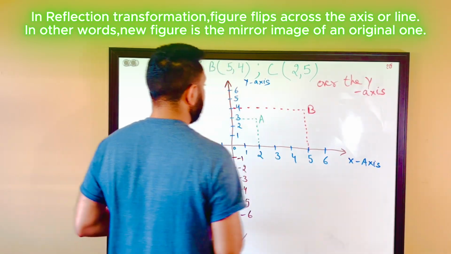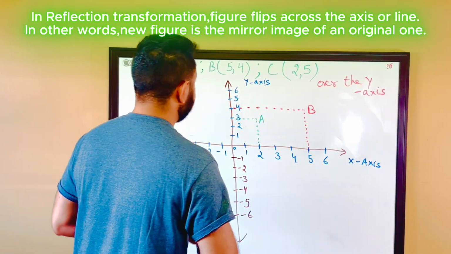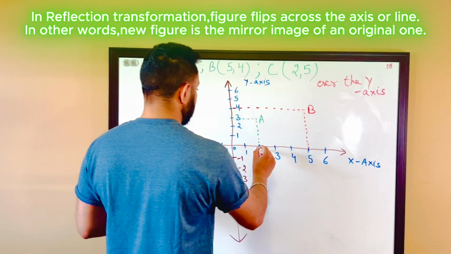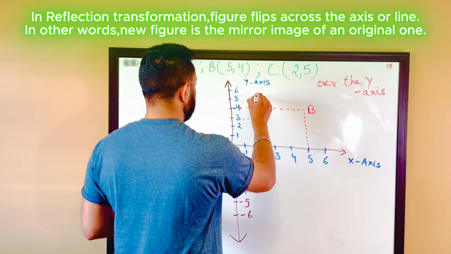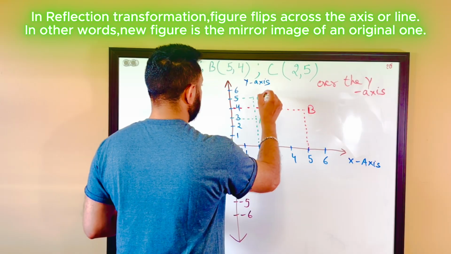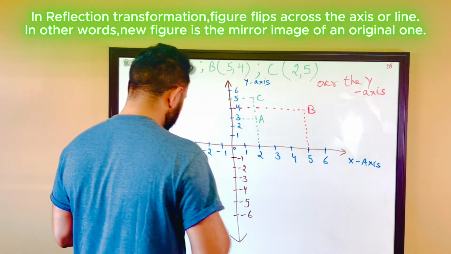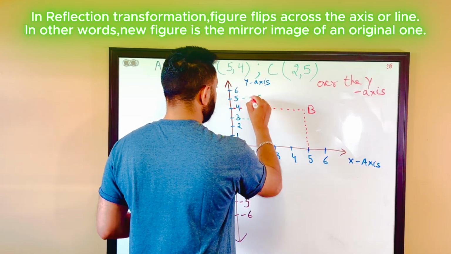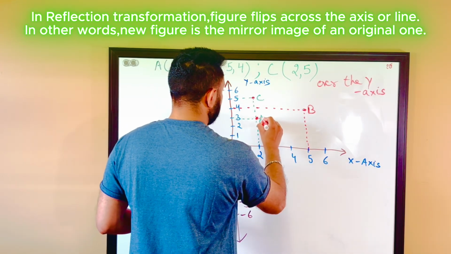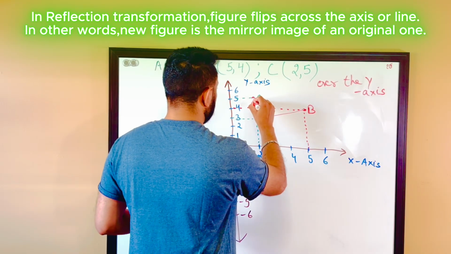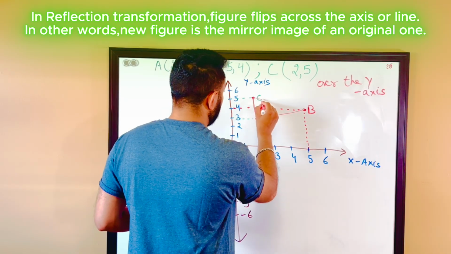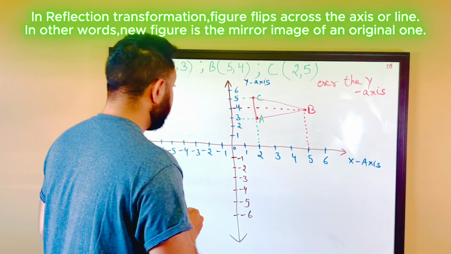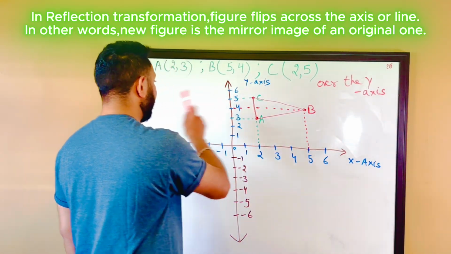So this is B, and C, 2, 5. So this is C. Now we're gonna join these points and make a figure.